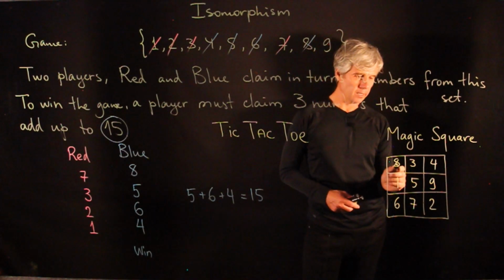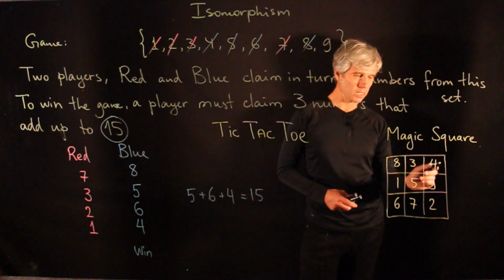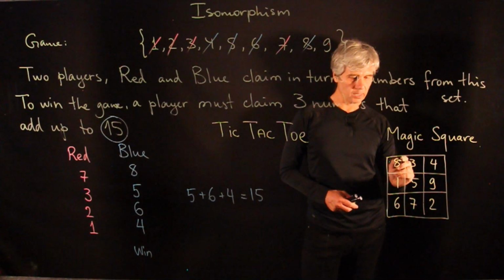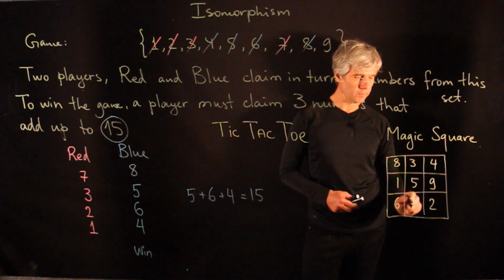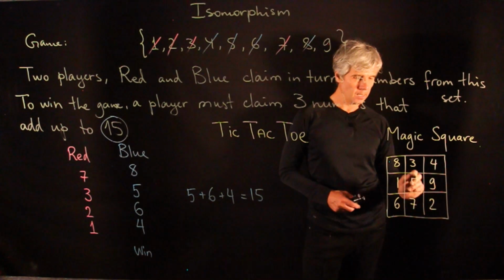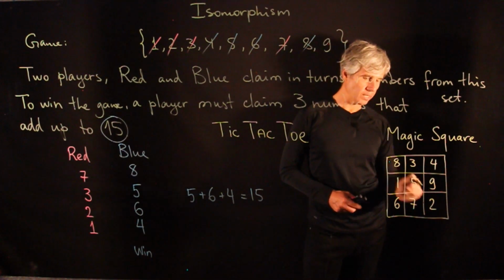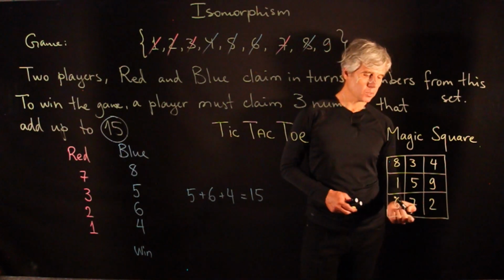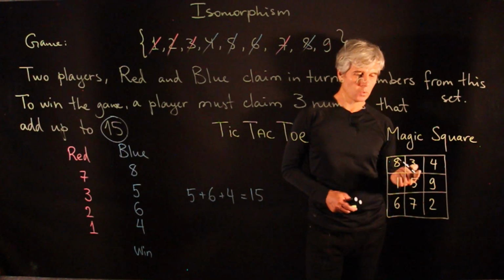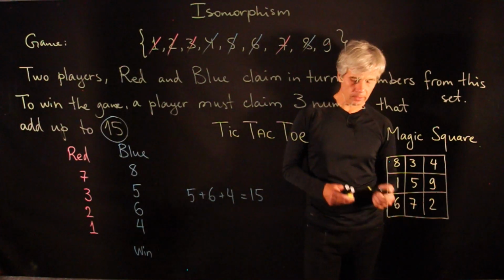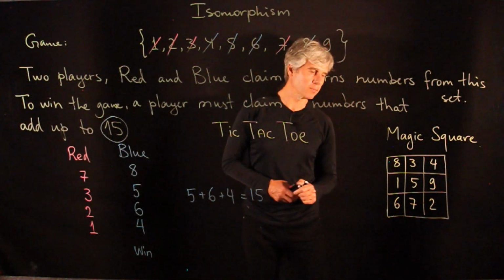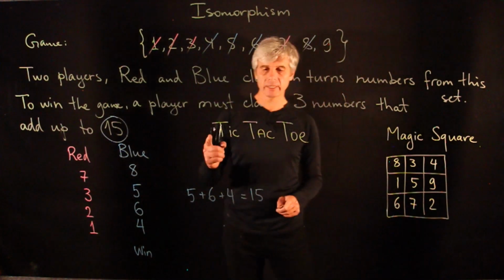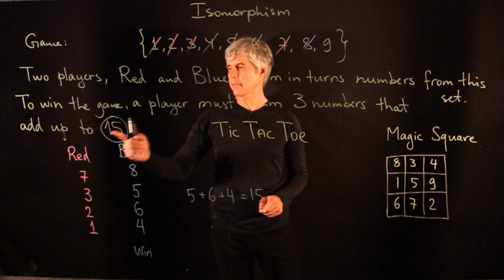Here in this row, the sum is 15, so is here, and so is here. Then in columns, we have 15, 15, and 15. And also on the diagonals: we have 15 on this diagonal and 15 on this diagonal. So this is called the magic square. Now I'm claiming that using the magic square, I can construct an isomorphism between tic-tac-toe and this game of 15.